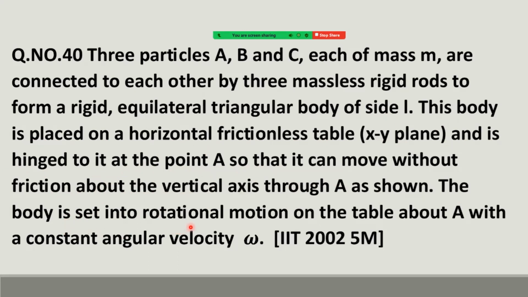The body is set into rotational motion on the table about A with a constant angular velocity omega.